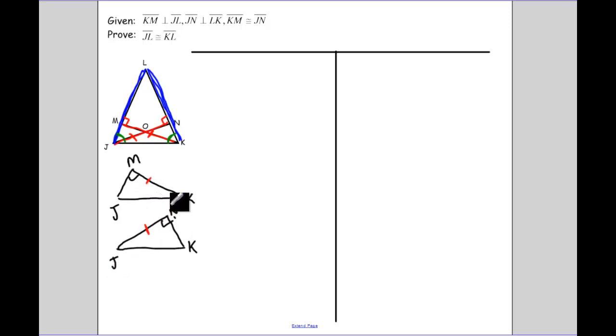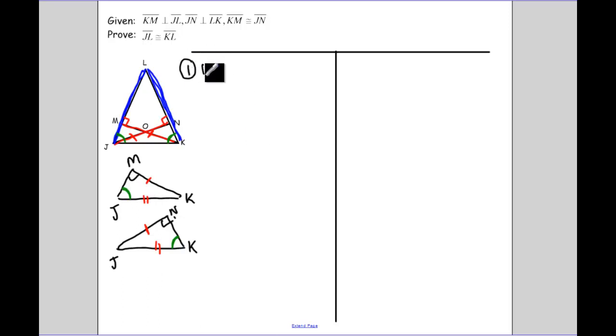Well, look at these triangles. These are right triangles. They share the common side of JK. With sharing of that common side, we now have these triangles congruent. With those triangles congruent, I know that angle K is going to be equal to angle J, which is what we needed. Whew! Now I just got to put this in a proof.